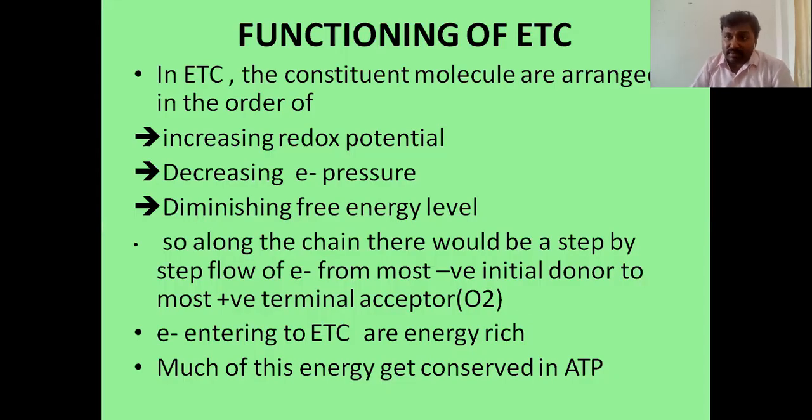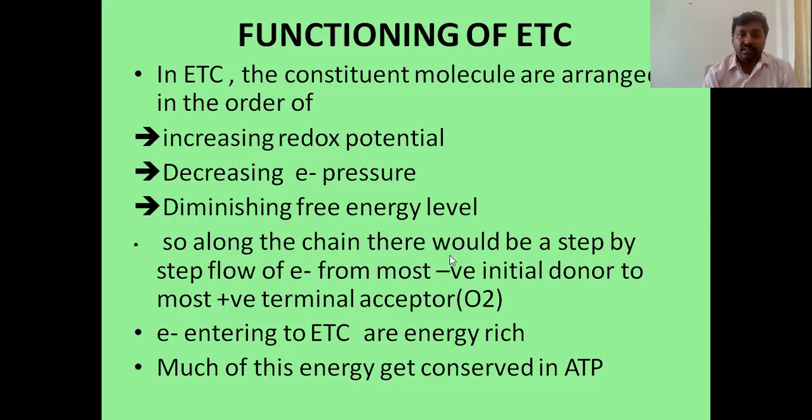The functions of the electron transport chain: increasing the redox potential, because oxidation and reduction both take place. Decreasing the electron pressure, because when electrons are transported the pressure automatically decreases. Diminishing the free energy levels, it produces free energy.